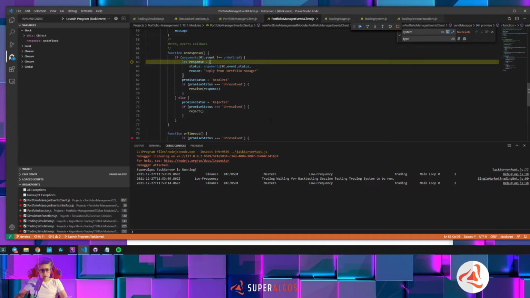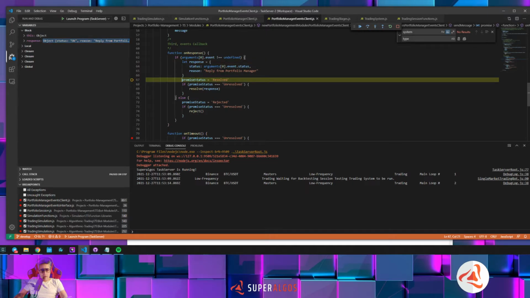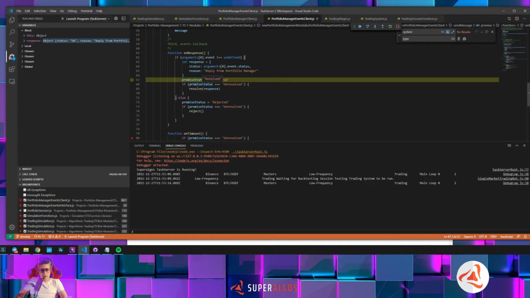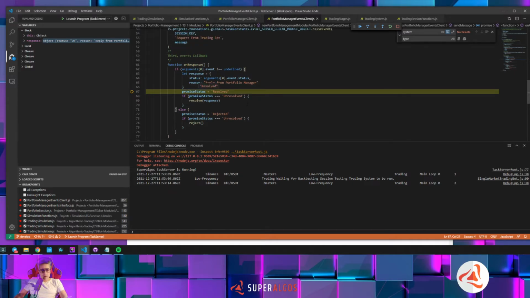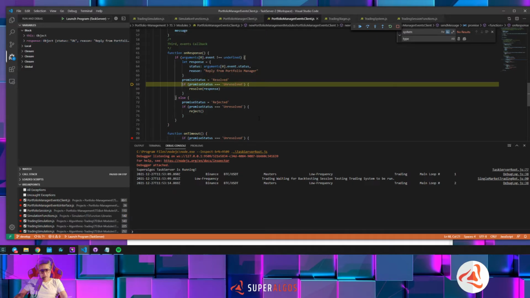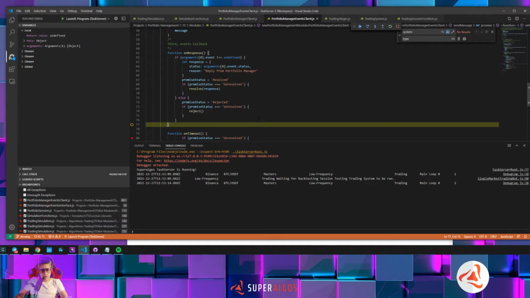But the response, this logic is not right, because it's setting this first and then asking for the same time. It doesn't make sense. So if promise is unresolved, hold on.